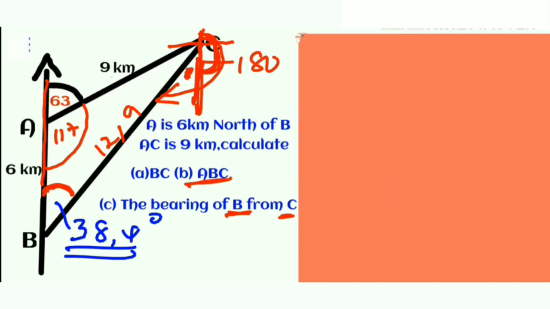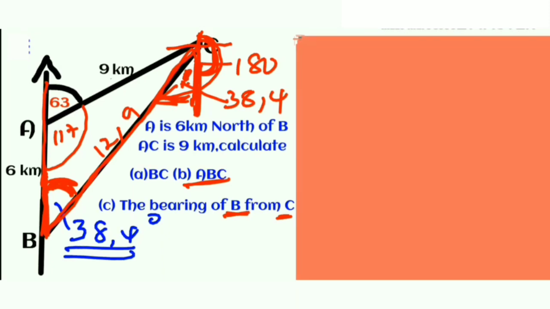Okay, this is 38.4, and these angles are alternate angles. So this angle is 38.4. This angle and this angle are alternate angles. So it's also 38.4. So to find the total bearing, you have to add 180 plus 38.4.